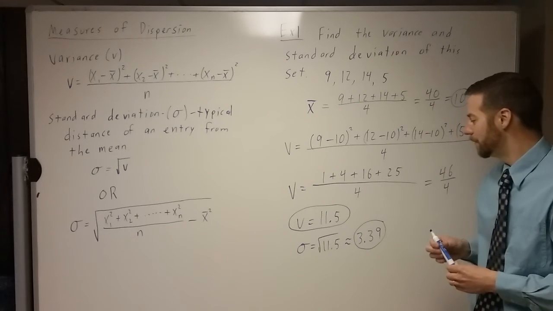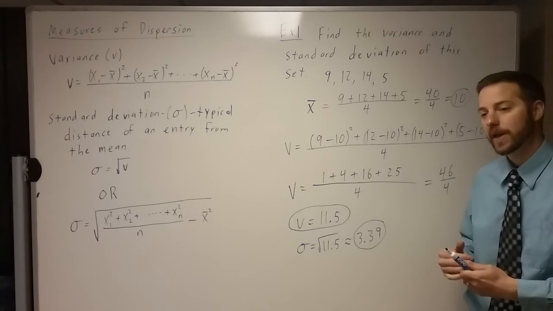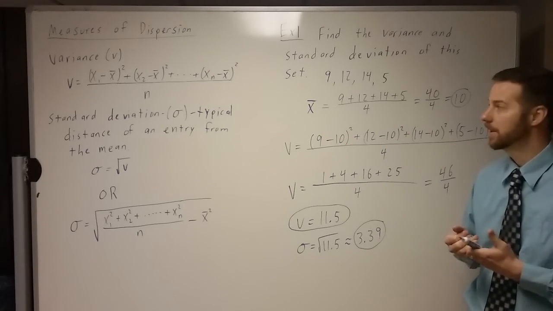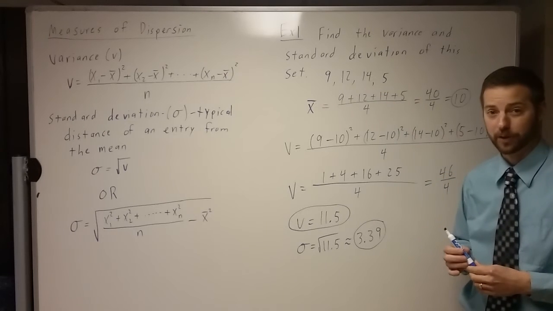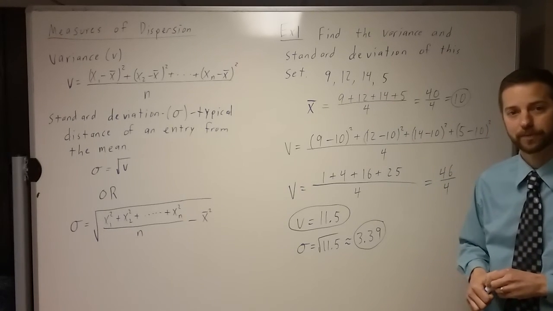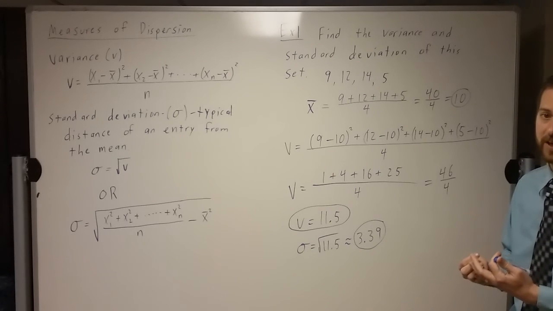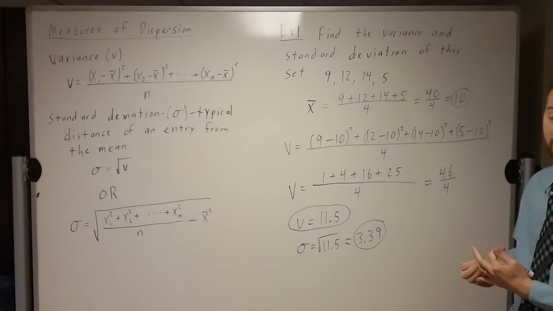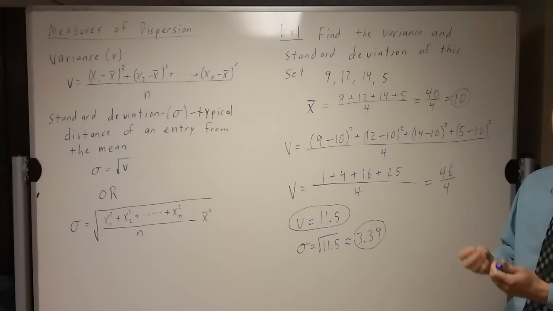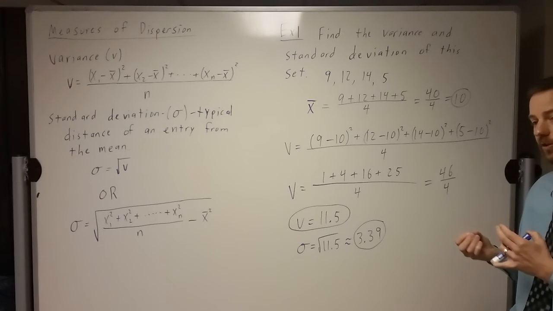Now, think about how difficult this would be if we had a large set of data. I made this 4 numbers on purpose because I didn't want to do this with like 100 numbers. Now, these days, nobody does these computations by hand like this. There are programs that do this, statistical programs or calculators. And I'm going to try to show you guys how to do this.